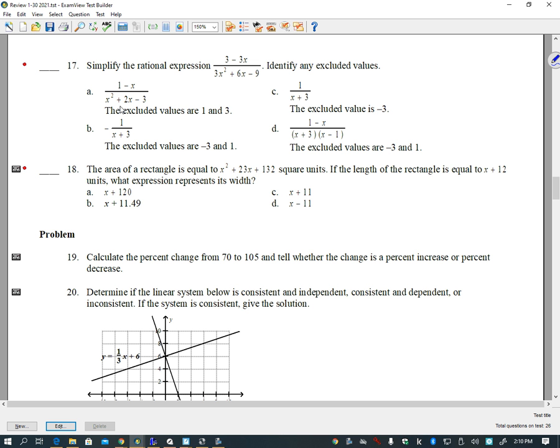Why would a value be excluded? It's not needed? No. An excluded value. When is something not allowed?